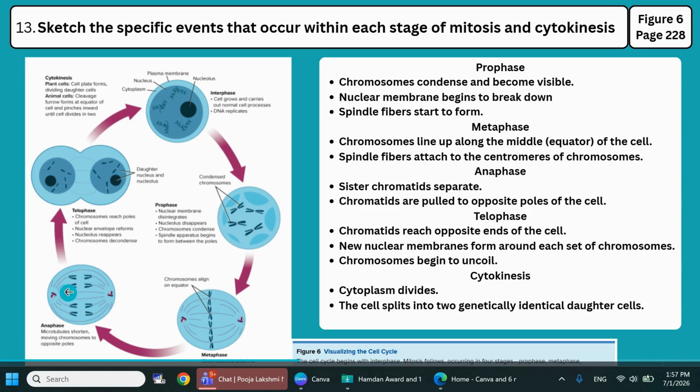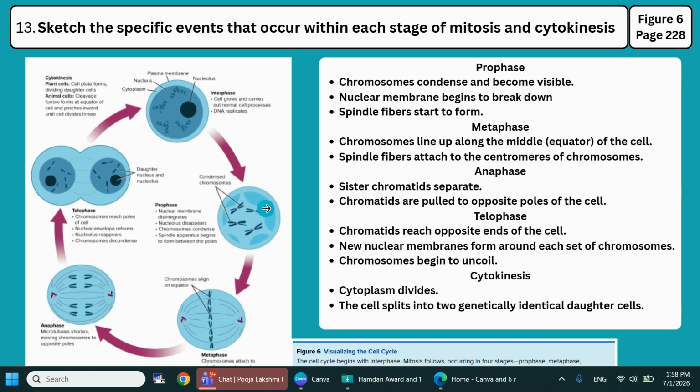So this is anaphase. In anaphase, these are the chromatids, they are pulled apart, and the tubules, the spindle fibers, they shorten, and when they become short, they pull the chromatids apart, and they are pulled to the opposite poles of the cell.